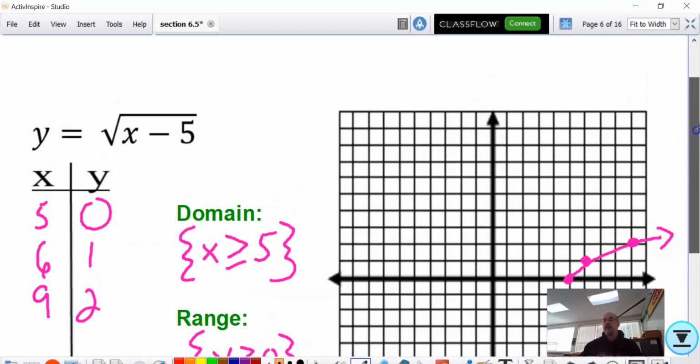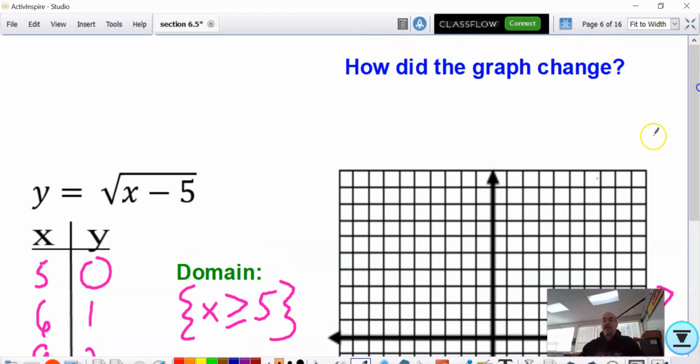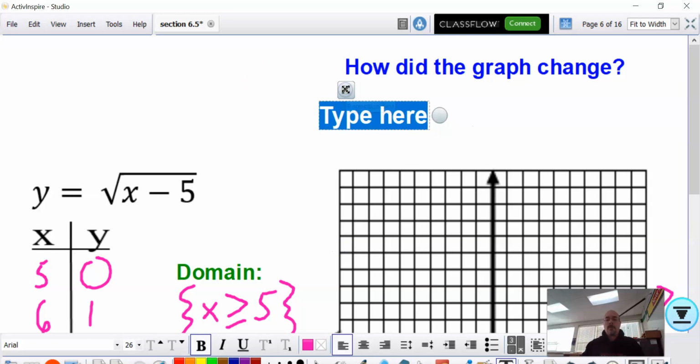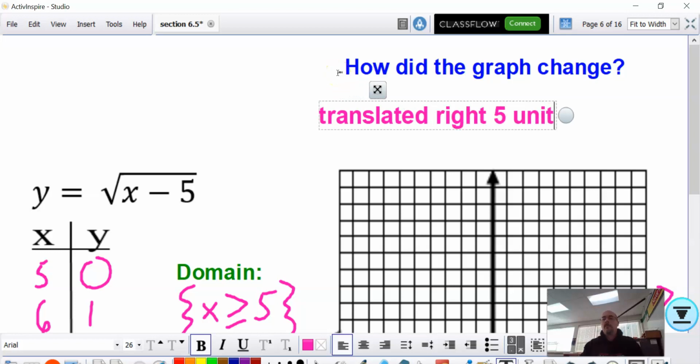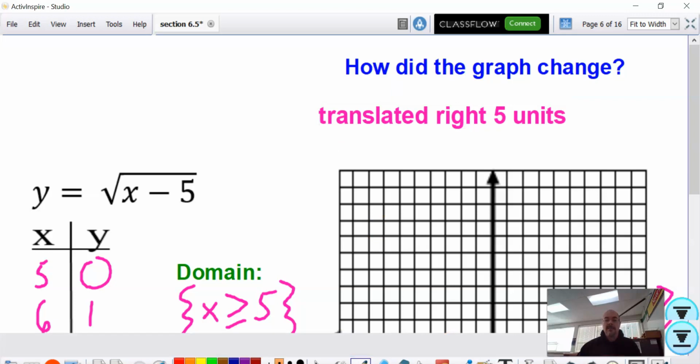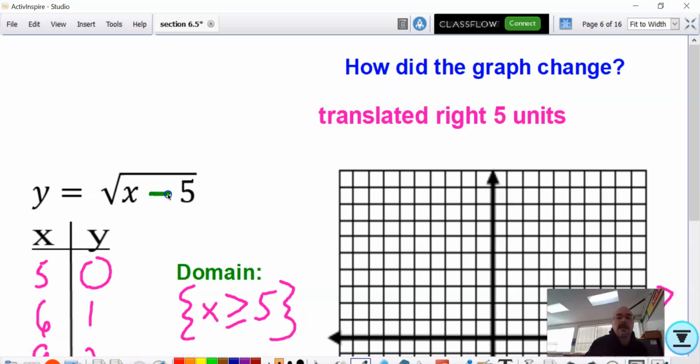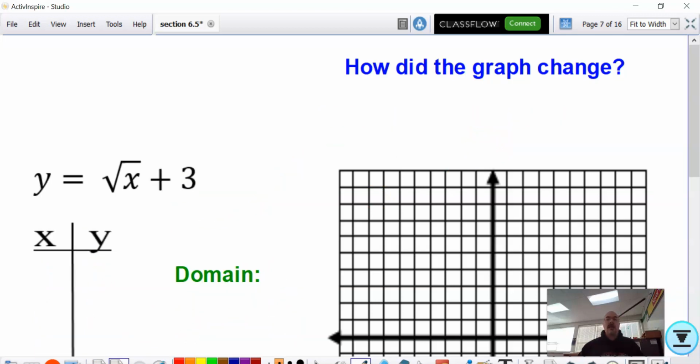Well, this one translated right 5 units. Now I want you to notice, ladies and gentlemen, that inside it's a minus sign, but it translated to the right 5 units.